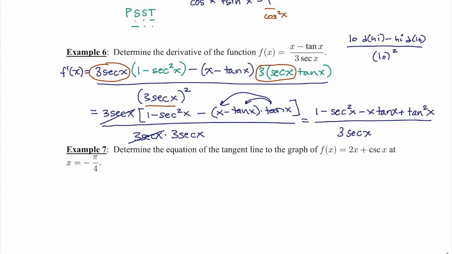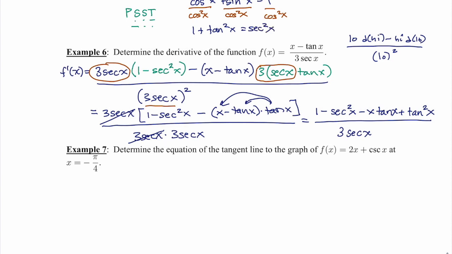That's going to create secant of x squared, and this will create tangent of x squared. So if I start with the identity I know, and then divide everything by cosine of x squared, I will establish for myself the one that I can't always remember.